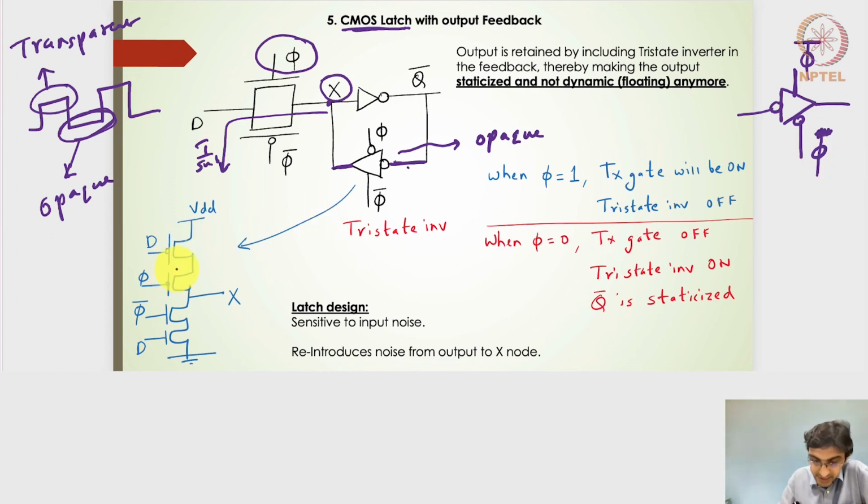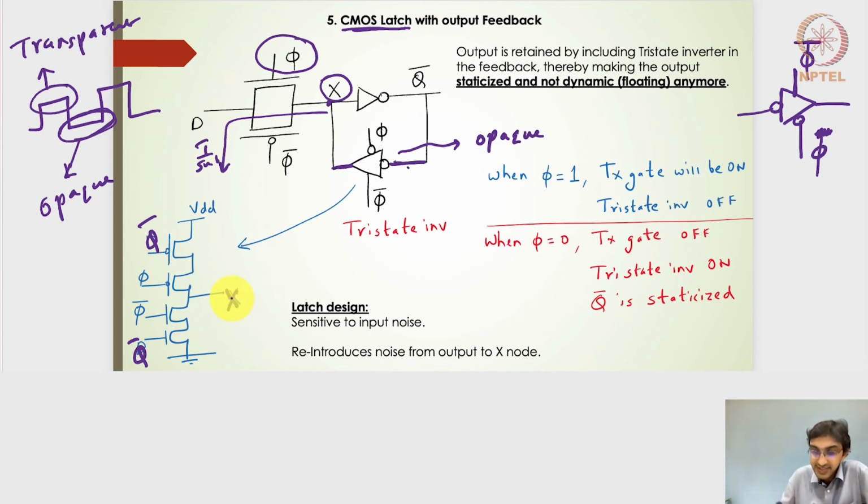So this is what the schematic of the tri-state inverter looks like. This will be the Q bar signal, the clock is φ bar given to the NMOS and φ given to the PMOS, and the output is the X node.